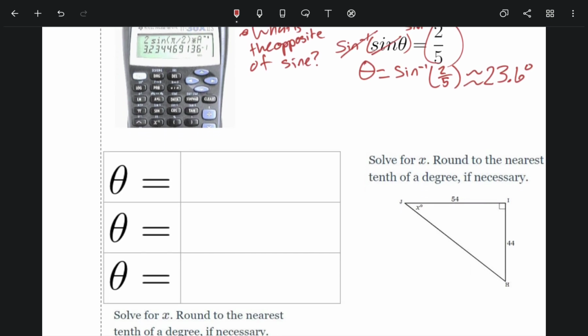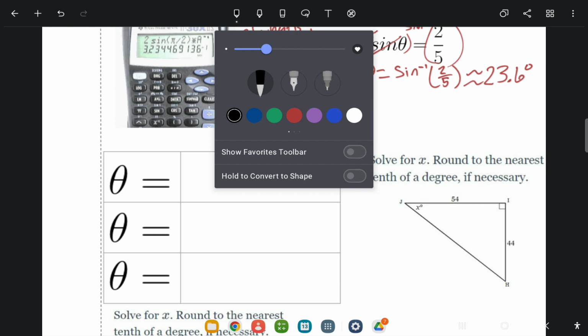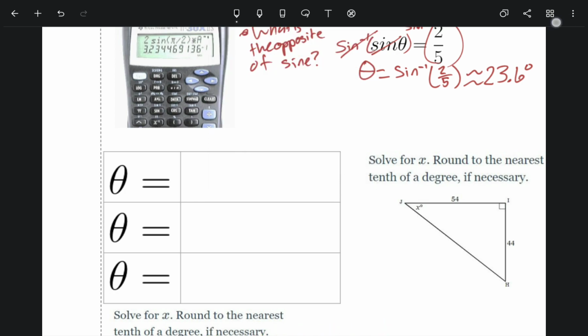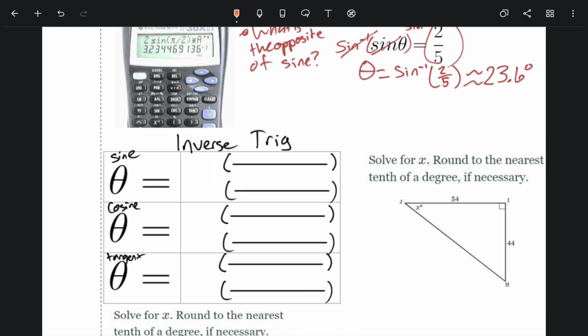So we have three different inverse trig functions that we're going to learn. Our first one that we've already seen is the inverse of sine. Now this is called arc sine or just sine inverse, which is written in the calculator as sine to the -1.